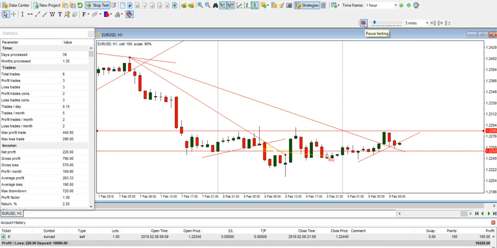The other one gets hit first. Okay, so there we end the trade.